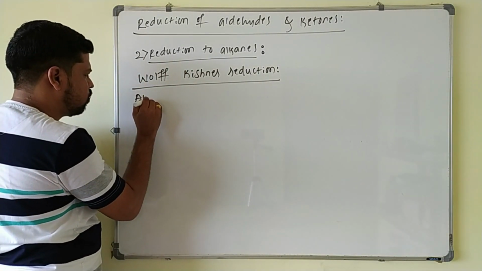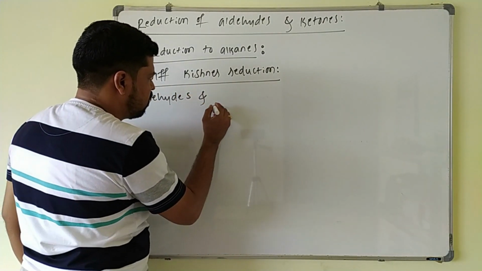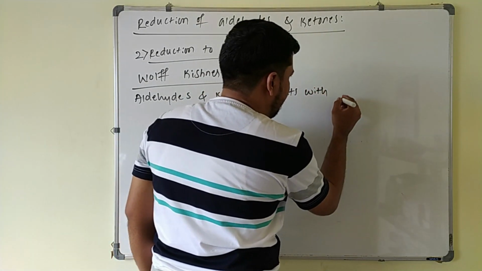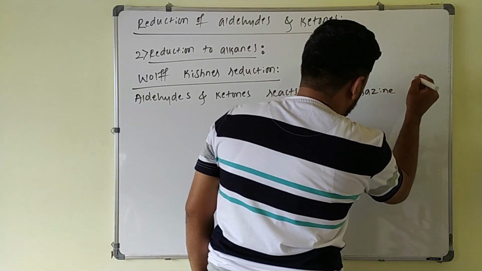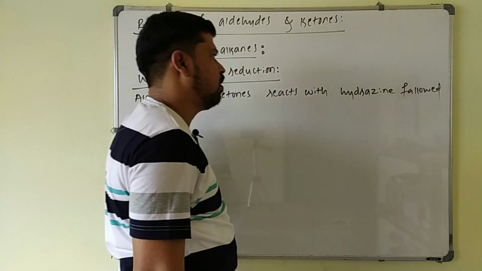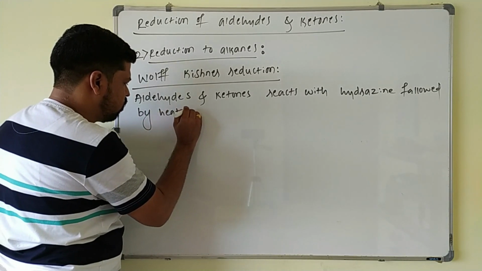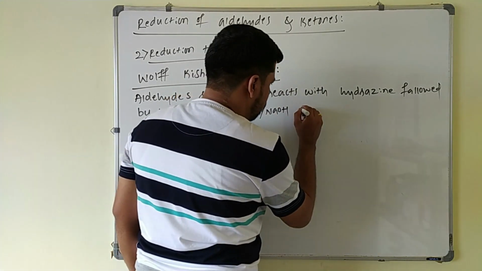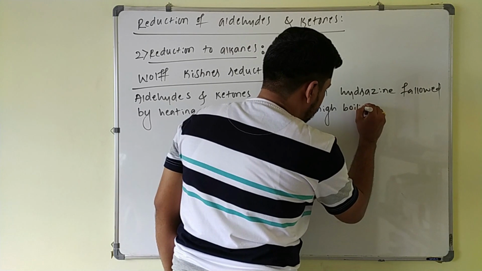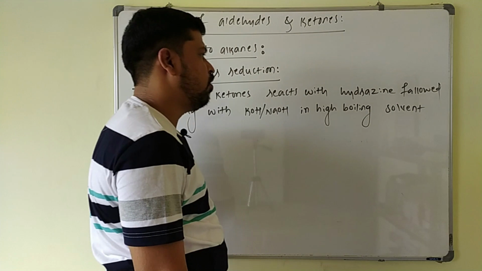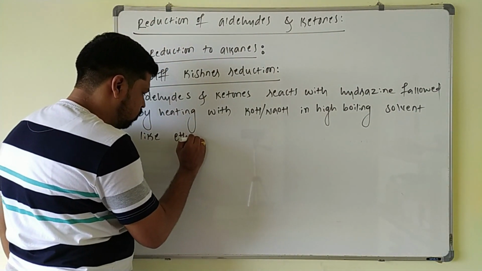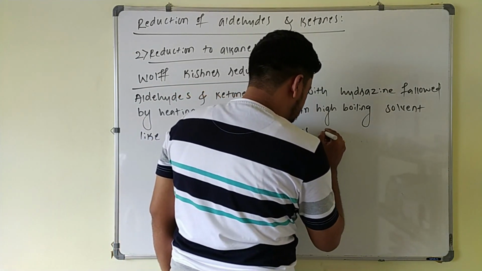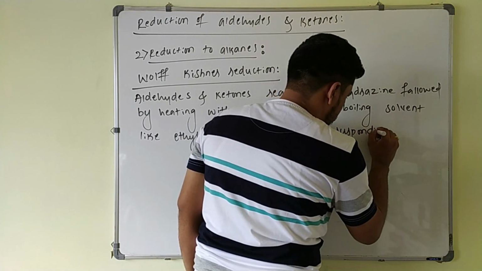Aldehydes and ketones react with hydrazine followed by heating with KOH or NaOH in a high boiling solvent like ethylene glycol produces corresponding alkanes.